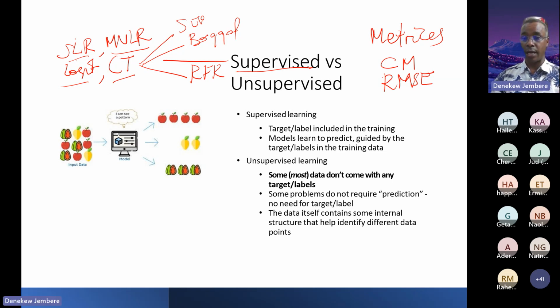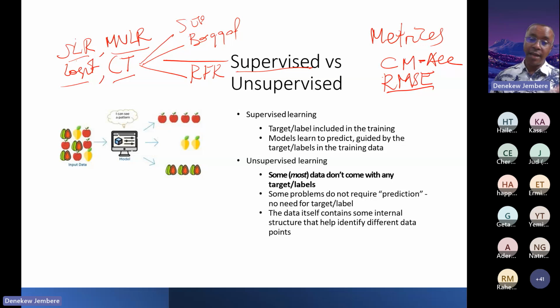Root mean square error, or a best confusion matrix, or accuracy or precision in this case, but in case of regression, root mean square error. So we have supervised models that deal with labeled data or target data that are already included within the training data set.